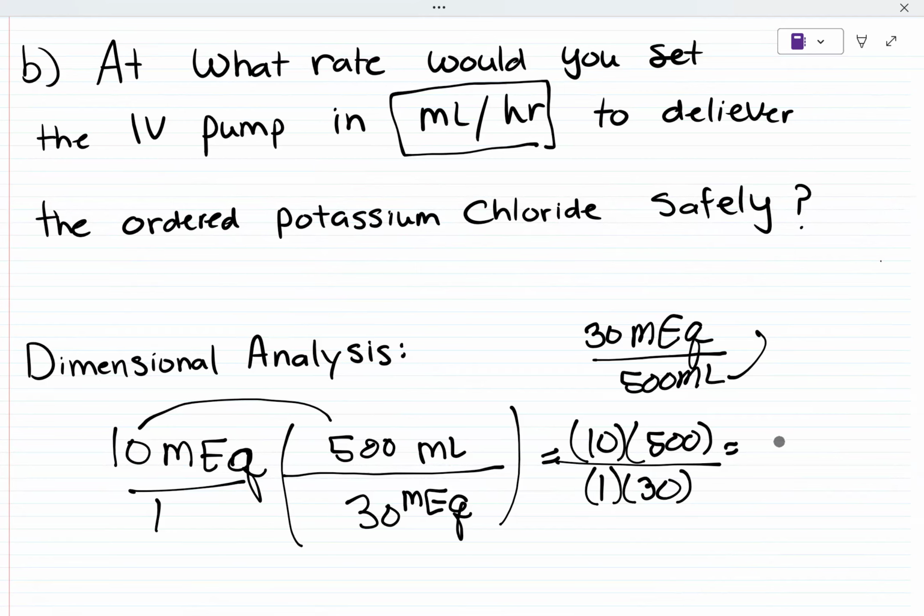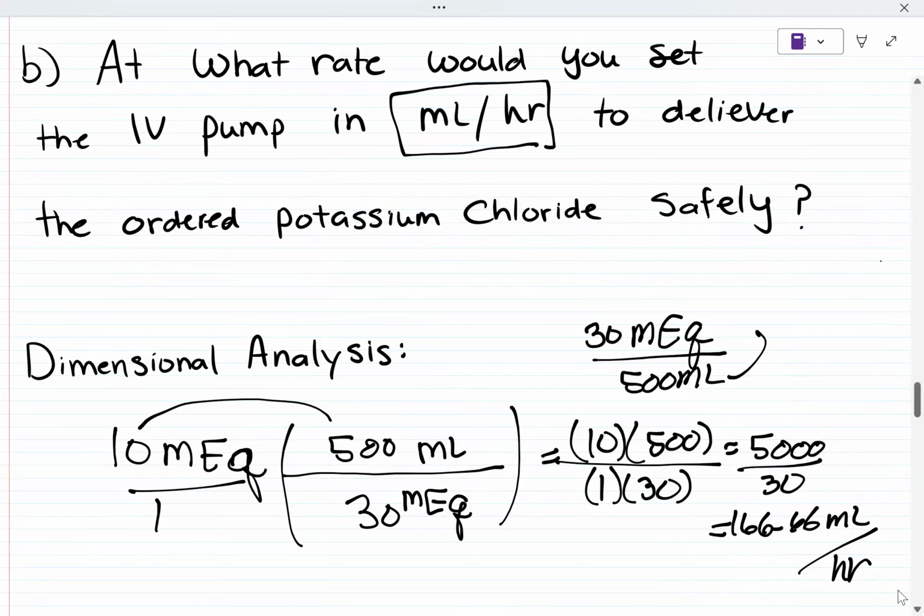So 10 times 500 is 5,000, and 1 times 30 is 30. And you get 166.66 milliliters per 1 hour.